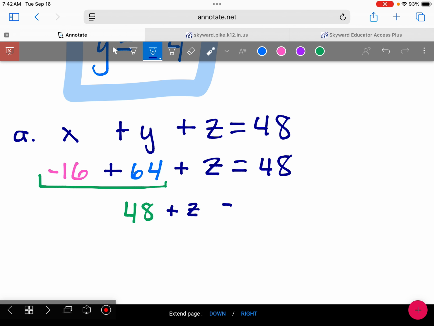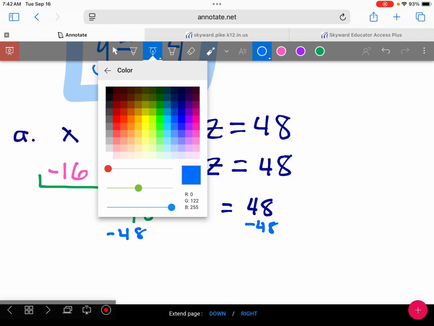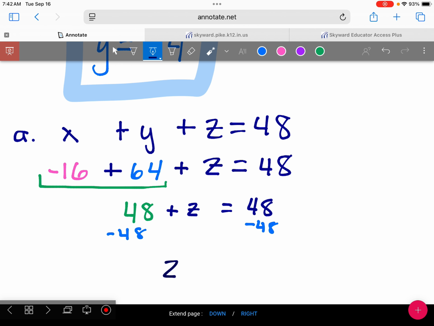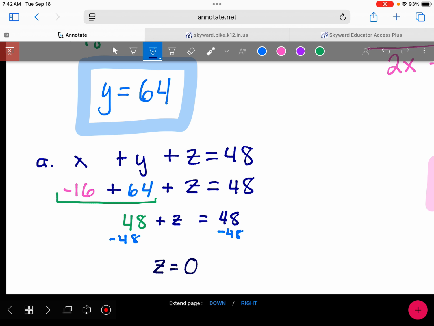So what is z going to be? What can I add to 48 and make it be 48? 0. If I subtract 48 from both sides, we're going to wind up with our z equals 0, which is totally a thing that can happen. It's allowed to do that. So that is our third piece of this answer.